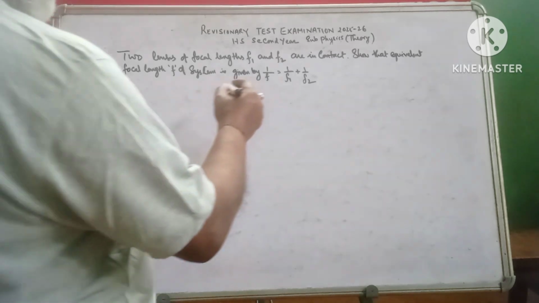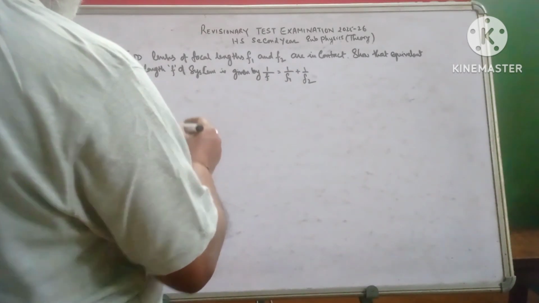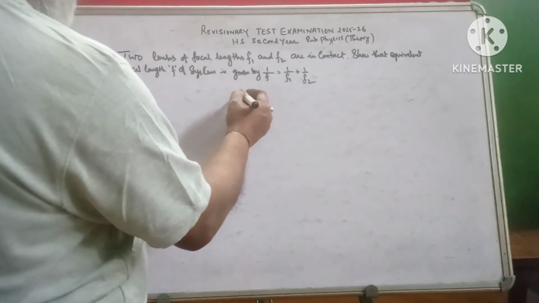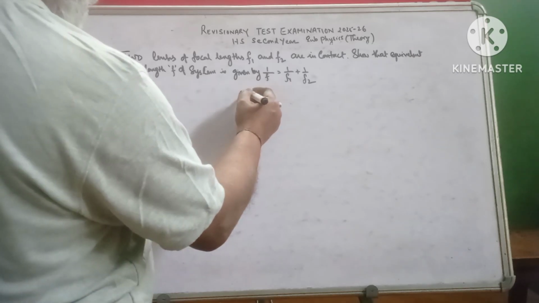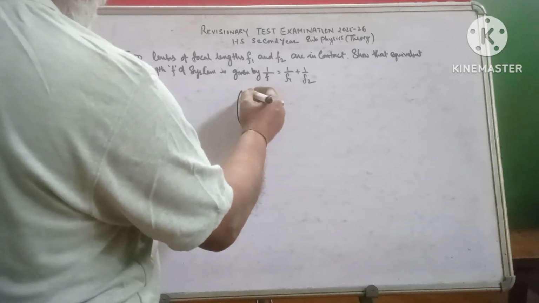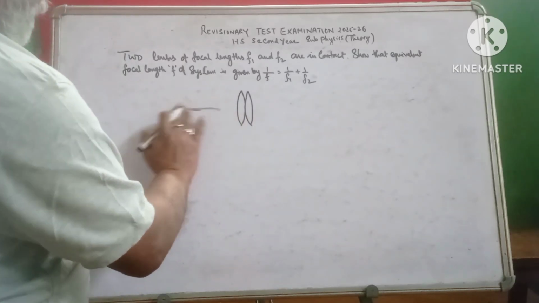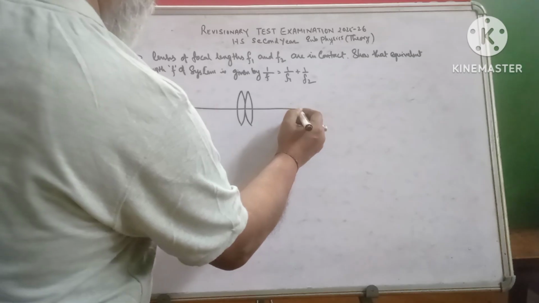Two lenses of focal length f1 and f2 are in contact, so that the equivalent focal length f of the system is this. So this is your diagram.